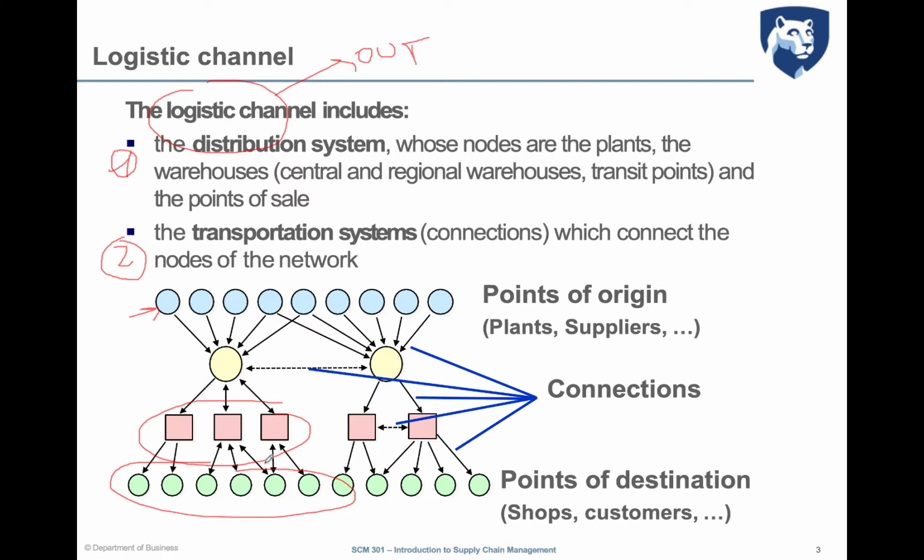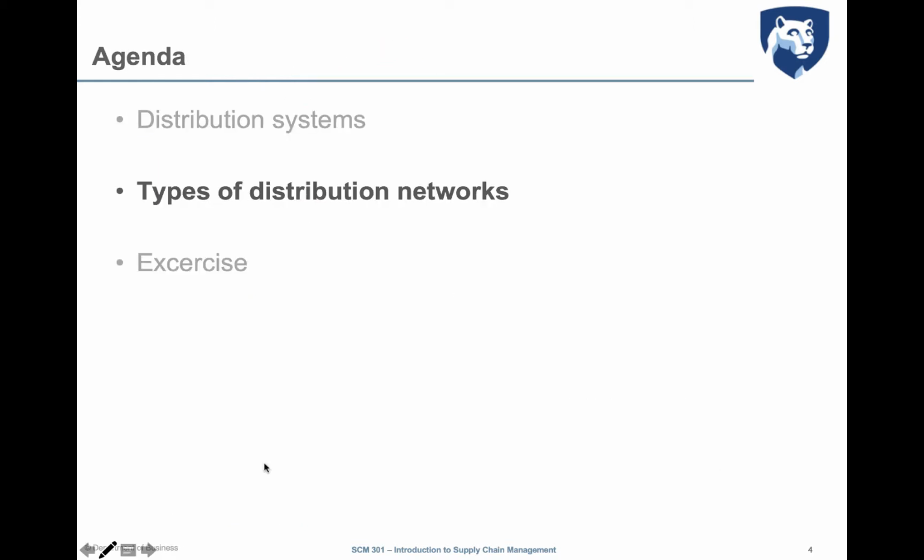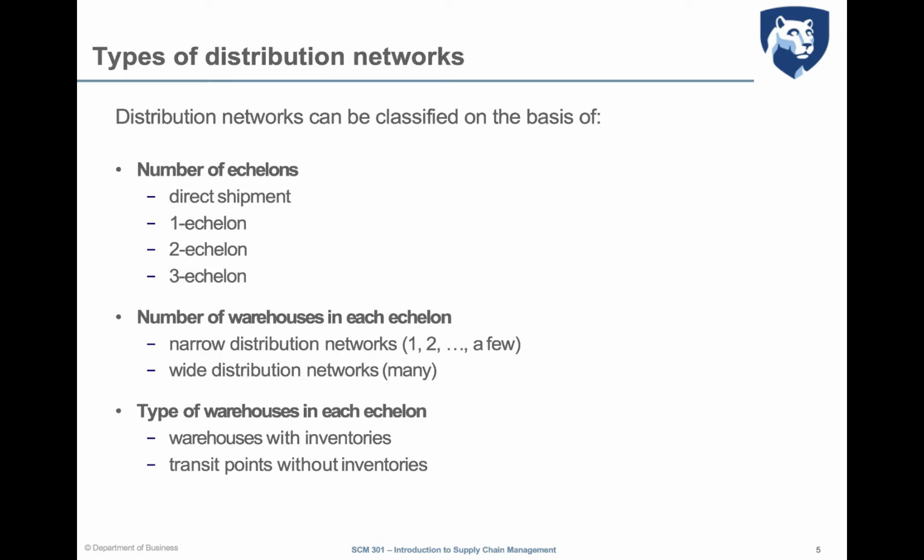For our purposes, we have discussed the fact that we just focus the attention on the distribution system and its characteristics. In particular, we have distinguished the possible types of distribution network. To do that, we have discussed that the distribution network can be classified along three different dimensions.